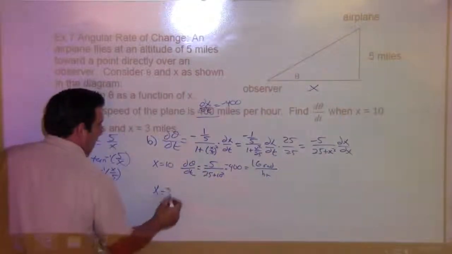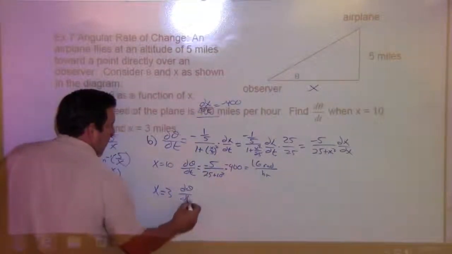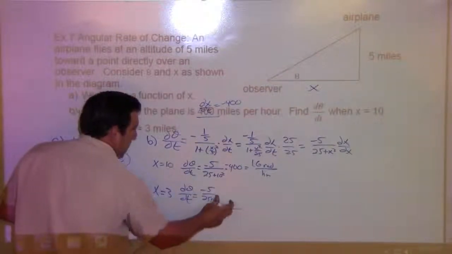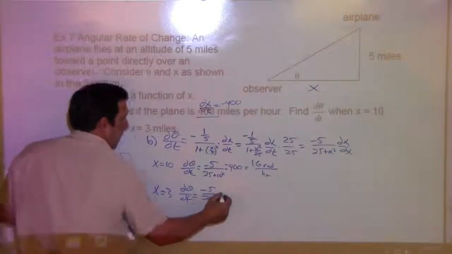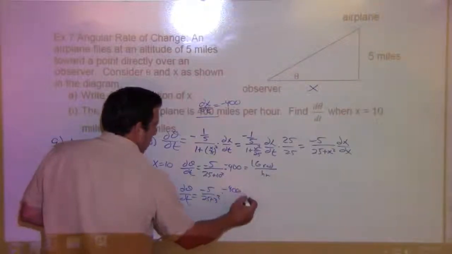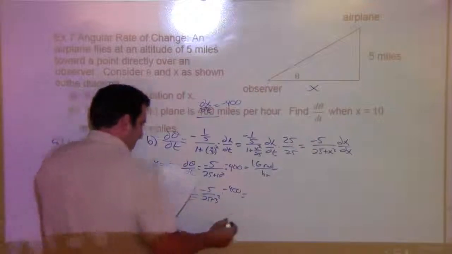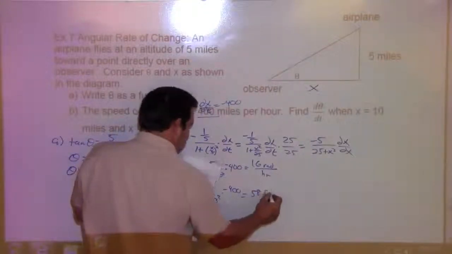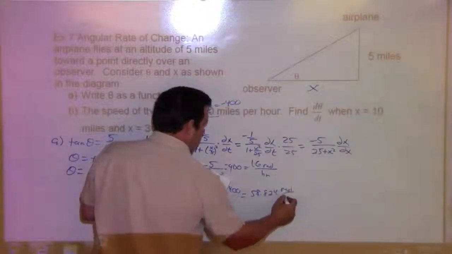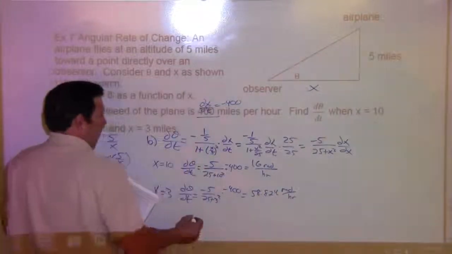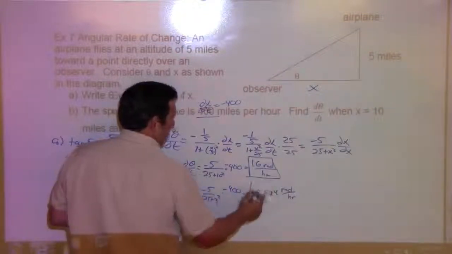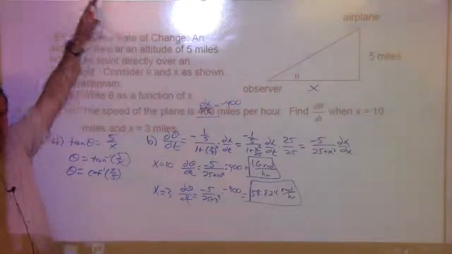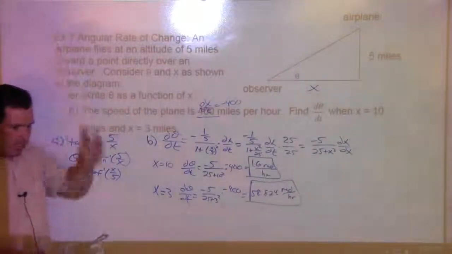For x being 3, our d theta dt is going to be negative 5 over 25 plus 3 squared, which is 9, times negative 400. And that's going to be 58.824 radians per hour. So as it gets closer, that angle is changing at a much greater rate.